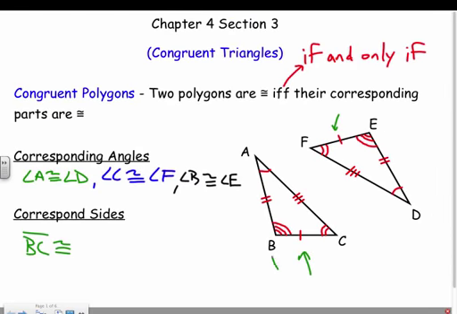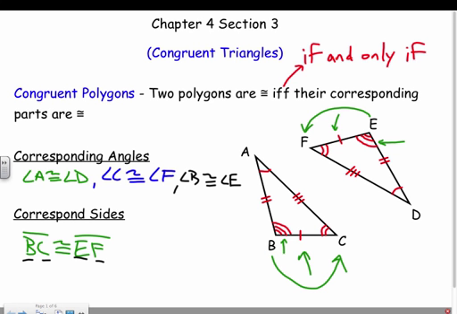Well, if you notice, I went B and then C. And B has the three hashes for the angle. So I want to say EF because E has the three hashes for the angle. So I'm going to go EF to be consistent. Because B and E correspond, don't they? B and E correspond and C and F correspond. So it's nice to have those matched up like that.